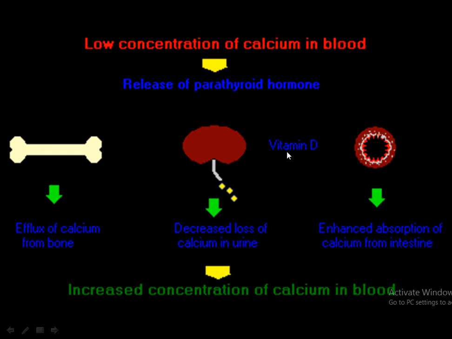In the presence of vitamin D, through the kidney, there is decreased loss of calcium in the urine, and also because of conversion to more and more of the activated form of vitamin D, enhanced absorption of calcium from the intestine takes place, and effects on calcium from the bone. All these effects combine to increase the concentration of calcium in the blood.